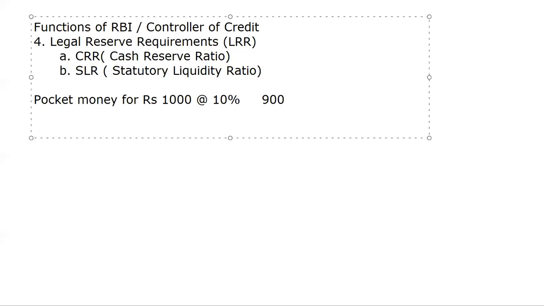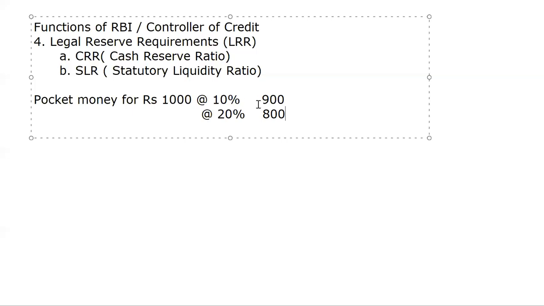And if they increase the percentage, suppose they changed the condition and said, now you will keep reserves equal to 20% of this amount. What would happen? Then you will have with yourselves to meet your needs only 800 rupees. Getting it?